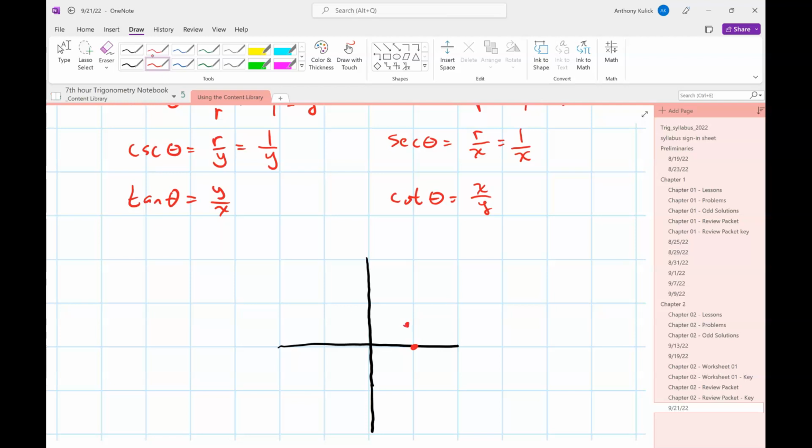Another P could be here, and here, and there. And oh my goodness, Mr. Kulak, what shape am I creating, if I look at where all the P's could have been? Oh, come on, guys. What shape is this? It's a circle.